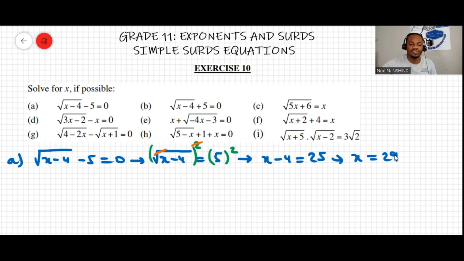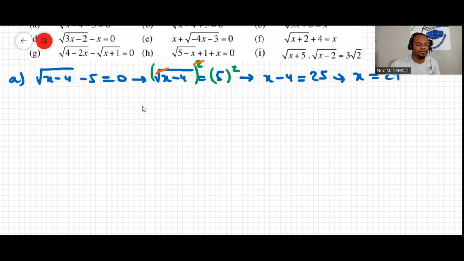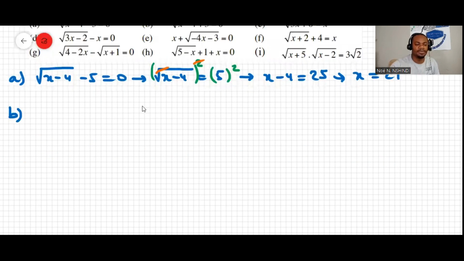If you substitute 29 over here, you get 29 minus 4, which is 25, and square root of 25 is 5. 5 minus 5 is 0. So that's the solution.